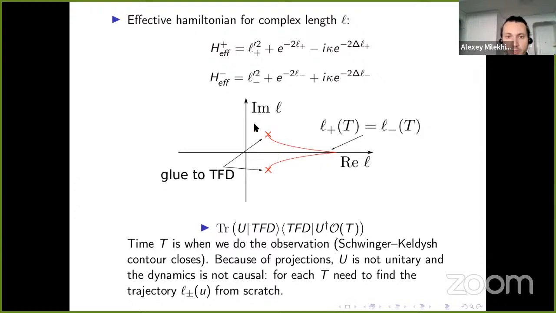Instead of a Cauchy problem, where you start from the initial state and just evolve forward in time, now you have a boundary condition in the future. Well, not in the future, but at the time of evaluation of your observable. And you have a boundary condition when you glue to the initial state. So is this clear?